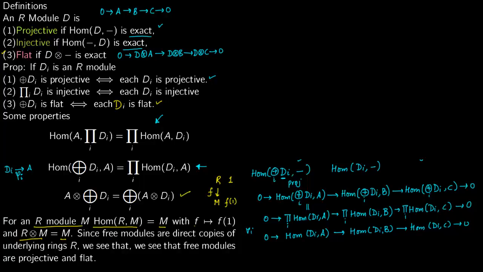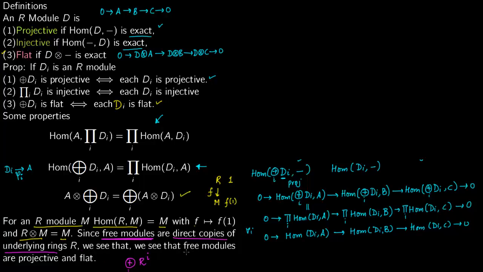Now notice that free modules are direct copies of the underlying ring R. So free modules are nothing but direct copies of R, so there are multiple copies of R, say.